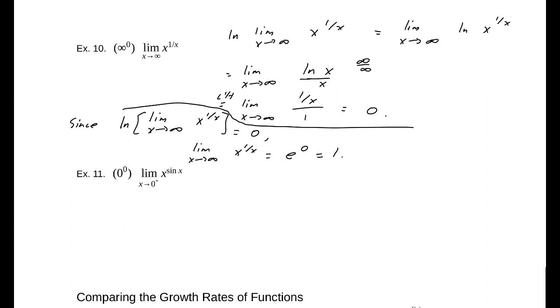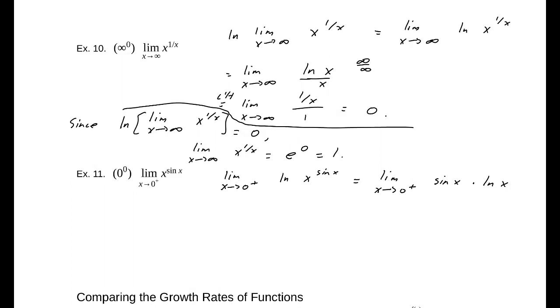Now, because we have that 1 over x as an exponent, that's where that comes in handy. So let's actually use the same idea for the second one. This one's going to be a 0 to the 0. So L'Hopital's rule does not apply, so we need to rearrange it algebraically to get it in that form, 0 over 0, infinity over infinity. All right, well, applying our natural log properties, if we take the natural log of this, that is going to be the limit as x approaches 0 from the right of sine x times ln x.